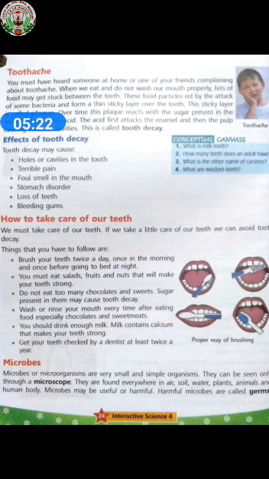Now see children, toothache. See the book and I will first explain to you toothache. A toothache is a pain that you feel in or around your tooth. Most often, toothache pain is a sign that there's something wrong with your tooth or gums.